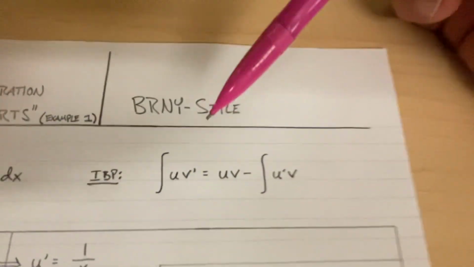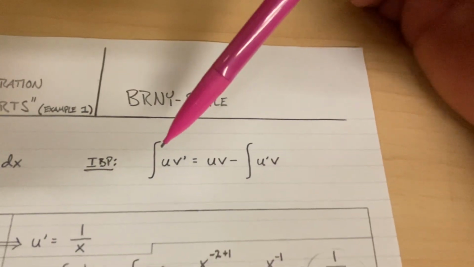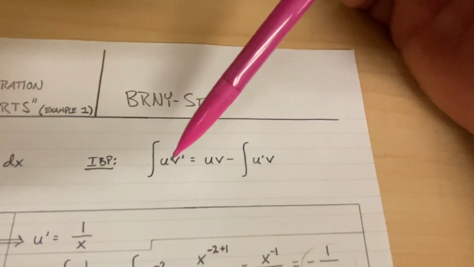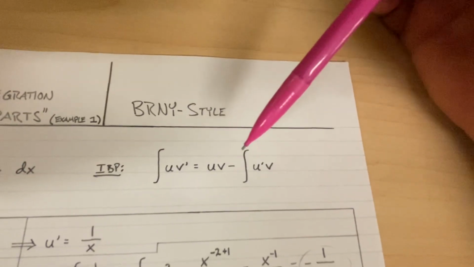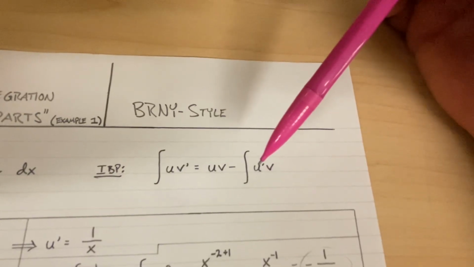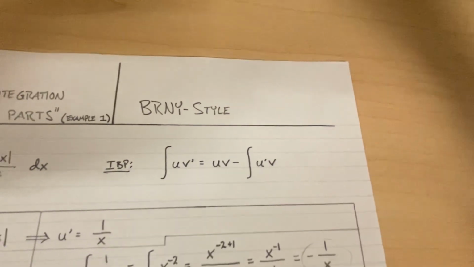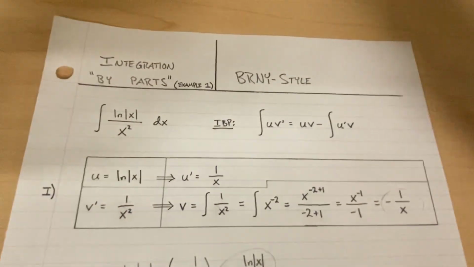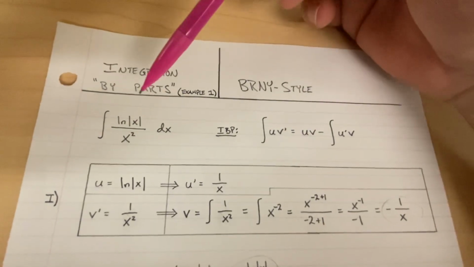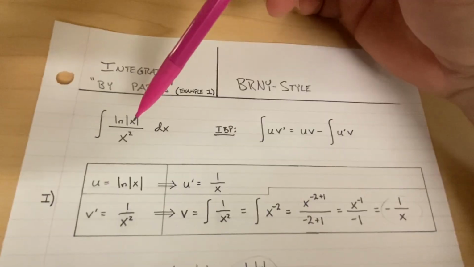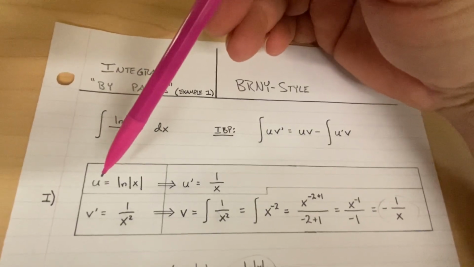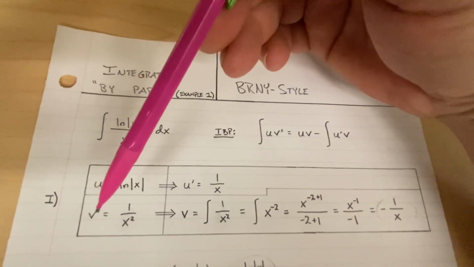The standard form for your integration by parts is as follows. You have the indefinite integral of u v prime equal to u times v minus the indefinite integral of u prime v. So let's go ahead and get into step 1. What we're going to need to do is take each one of these functions of x and associate one of them to the variable u and the other one to the variable v prime.